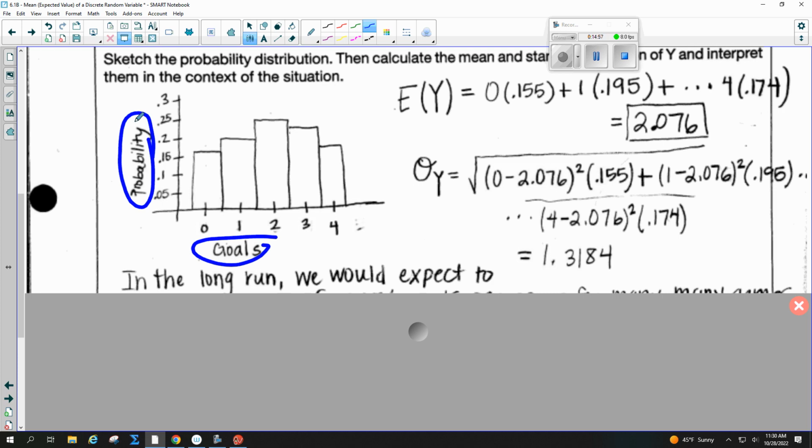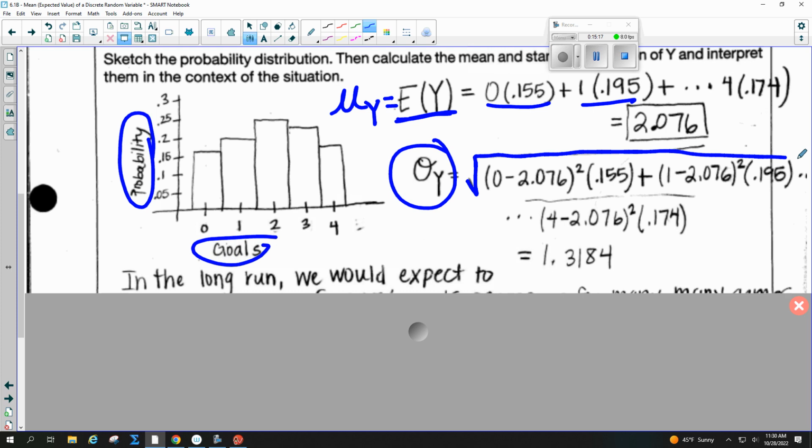On this next one, you need to make sure you labeled correctly either mu of y or E of y for the mean. Show at least the first two, and then that you got 2.076. For the standard deviation, be sure you have sigma y, and then the start of your formula. I should see at least two of these, and then dot, dot, dot.